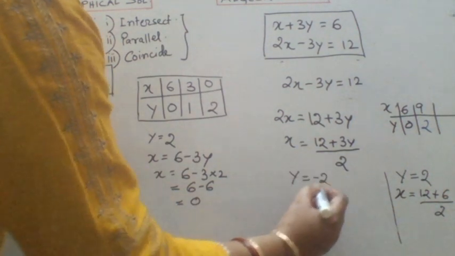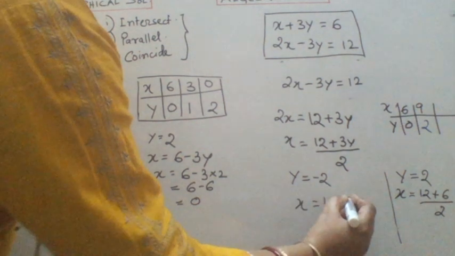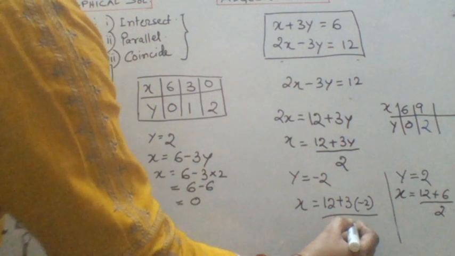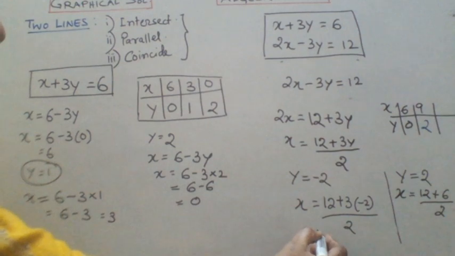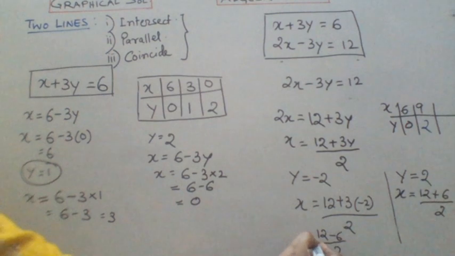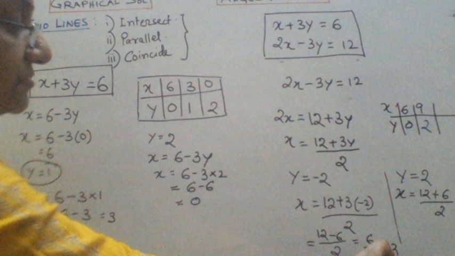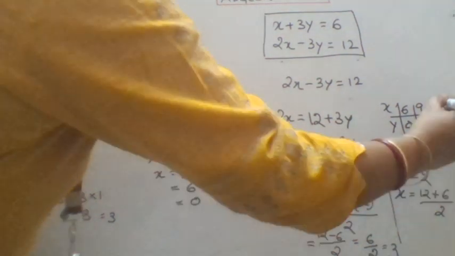Then x is equal to (12 plus 3 into minus 2) upon 2, which is (12 minus 6) upon 2, that is 6 upon 2, which is 3. So if y is equal to minus 2, you get the value of x as 3.